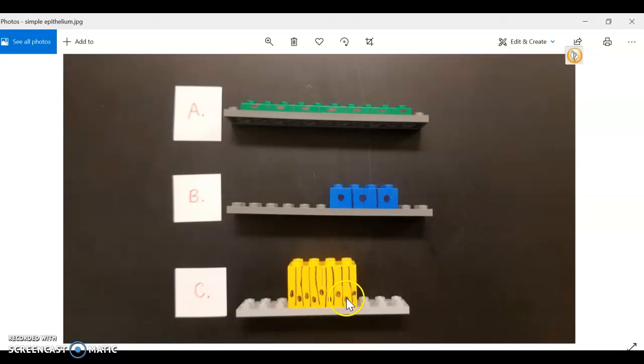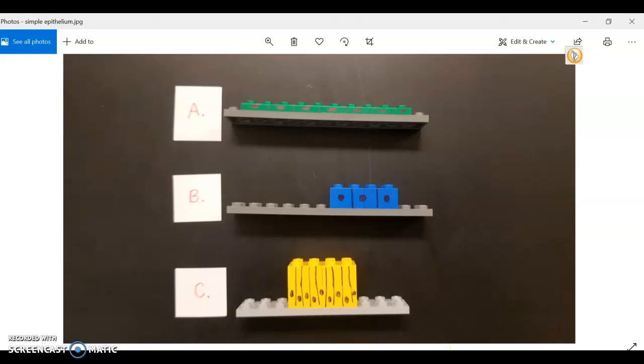Then finally, letter C, we have these tall, pillar-like columns. Because it's only 1 layer, again, it's simple, but because the shape of the cell is columnar, we call letter C simple columnar. So one more time, simple squamous for A, simple cuboidal for B, and simple columnar for C.